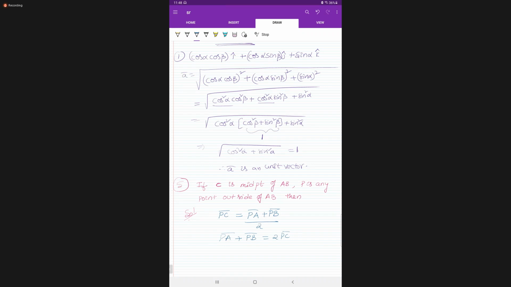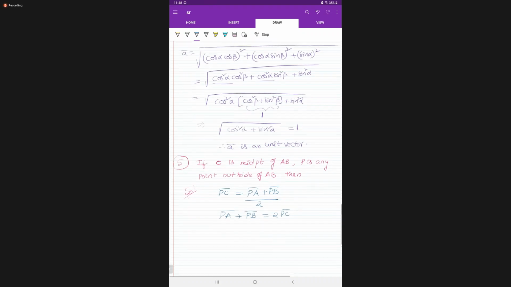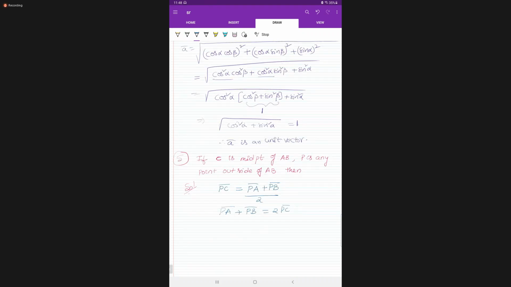Before that, write the formulas. Completed, students, everyone? Yes, ma'am. Next, write down, students: product of two vectors.